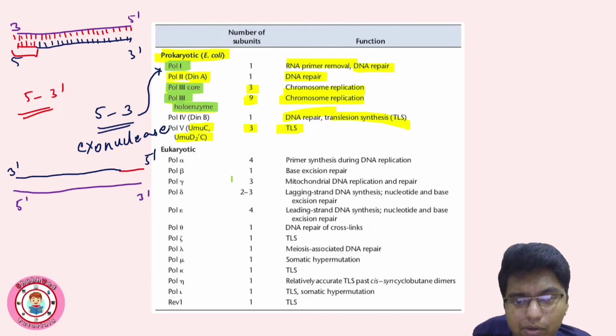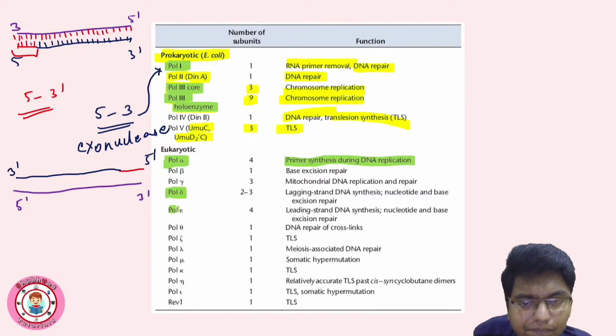Now in eukaryotes there are 10 to 15 types of DNA polymerases. Here also the main one is polymerase alpha, which has the function of primer synthesis during DNA replication. It is basically a primase. Then the next important eukaryotic DNA polymerases are polymerase delta and polymerase epsilon.